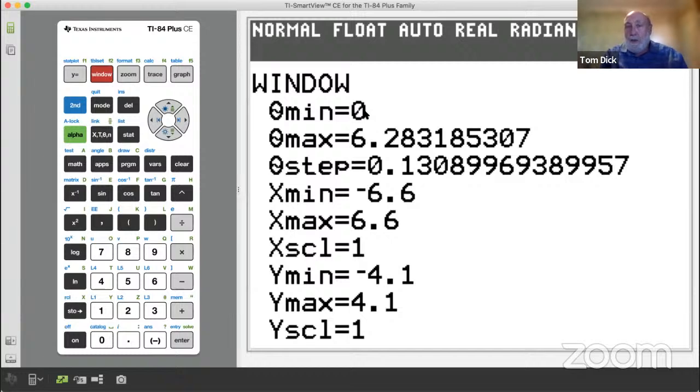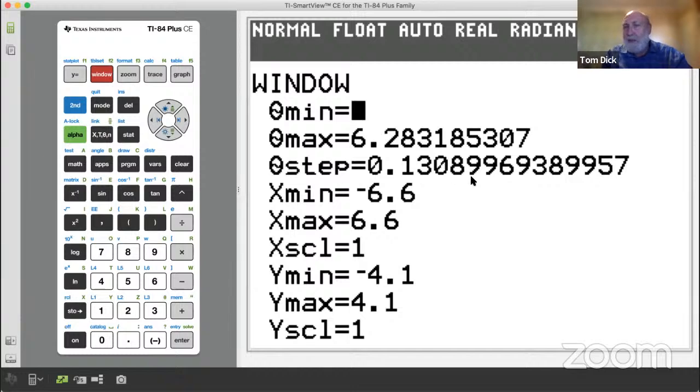So we've got both X and Y as our rectangular coordinates, but we're also dealing with R, and theta is our independent variable. Theta min is 0, theta max is 6.28. That looks suspiciously like a decimal approximation for 2 pi.